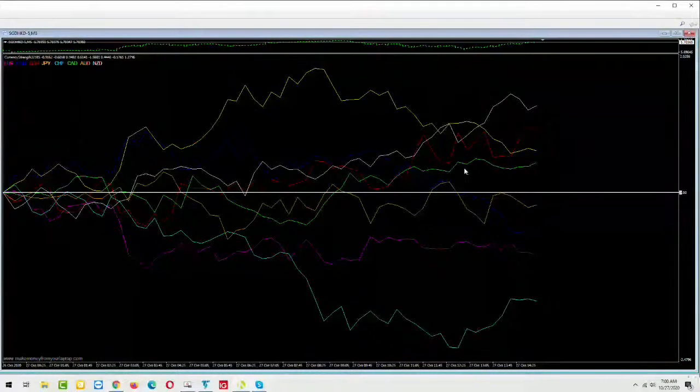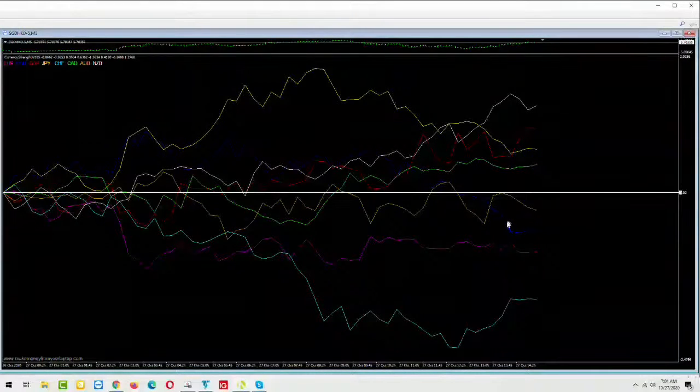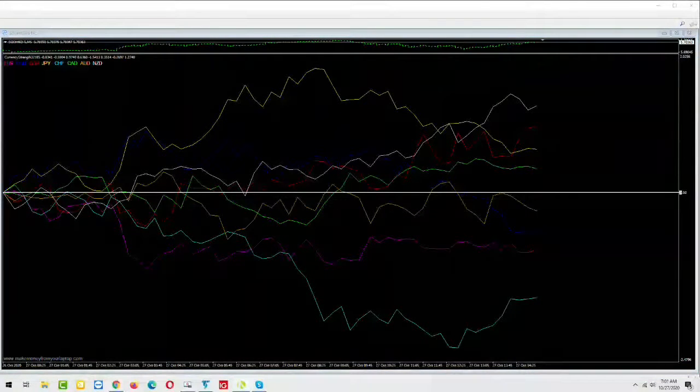As far as what's standing out to us right now, I guess there's two that really seem to have a potential here, would be maybe this CAD versus the USD. The CAD versus the USD has been in a nice downward movement leading up to this morning, the start of the new session.